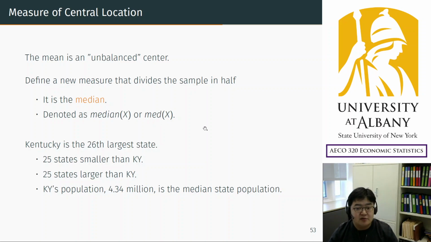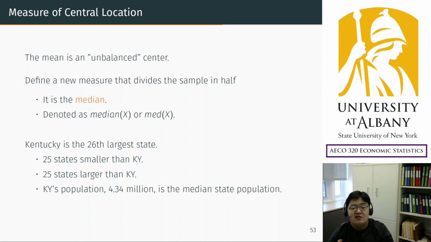In our example, including DC, there are 51 states. Then choose the 26th largest or smallest state. The 26th is Kentucky. If you choose Kentucky, then 25 states are smaller and 25 states are larger.